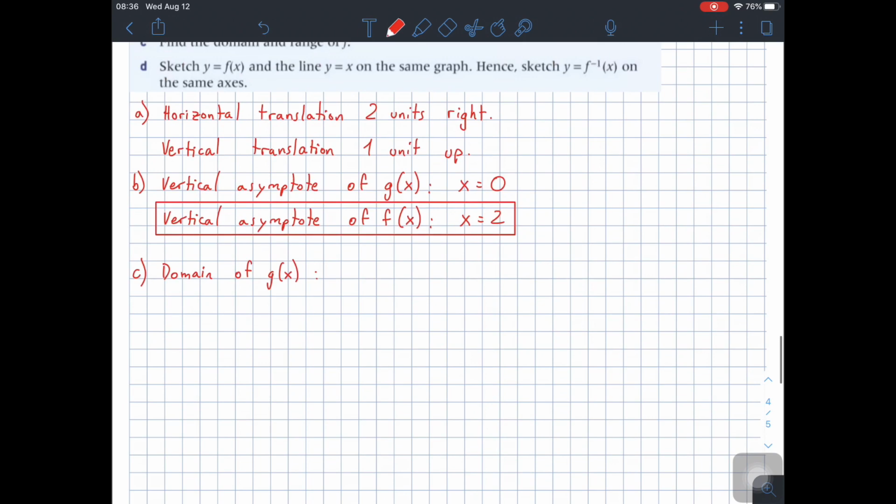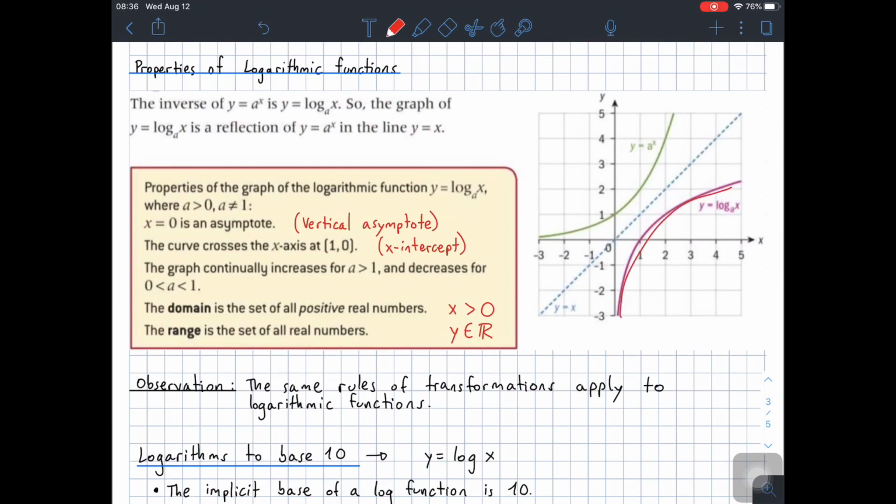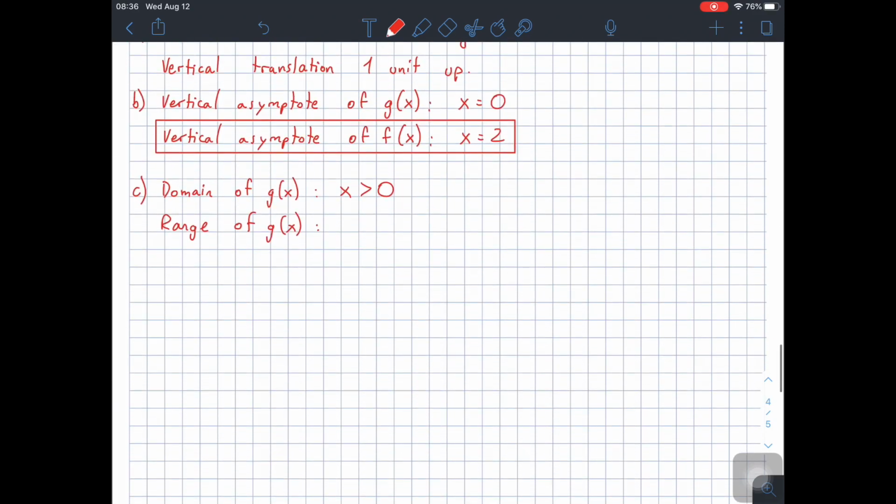So x greater than 0, and the range of g of x would be all real numbers. Y belongs to all real numbers.